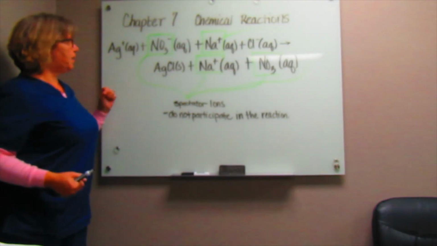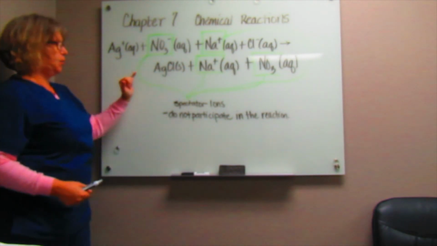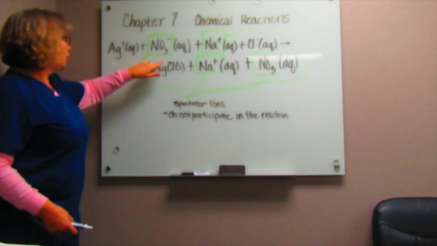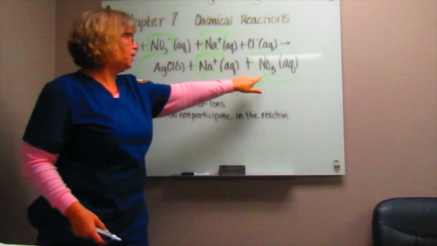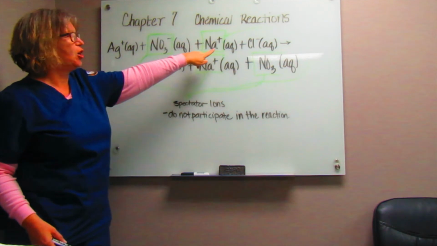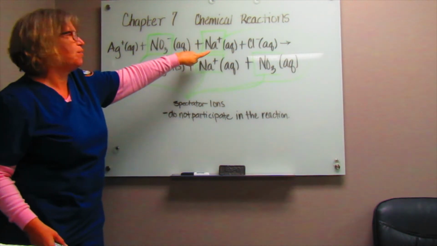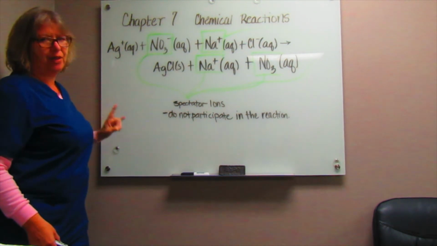All right, guys, so in this equation, I have written out a full equation. It's taken up 2 lines, I guess, because I write too big. But I have circled your nitrate, your sodium, and your nitrate. The reason why I've done that is because these are spectator ions. So these ions remain the same on both the product and the reactant side of the equation.